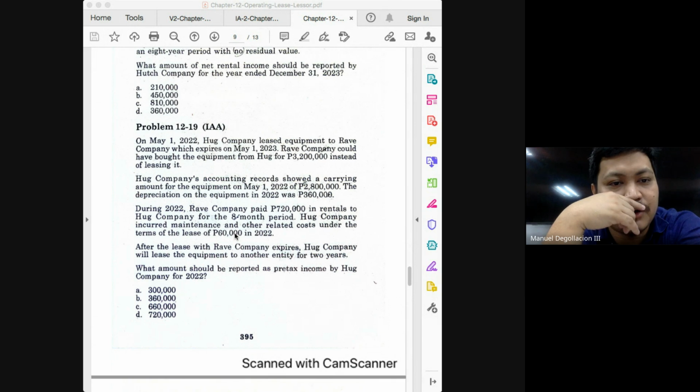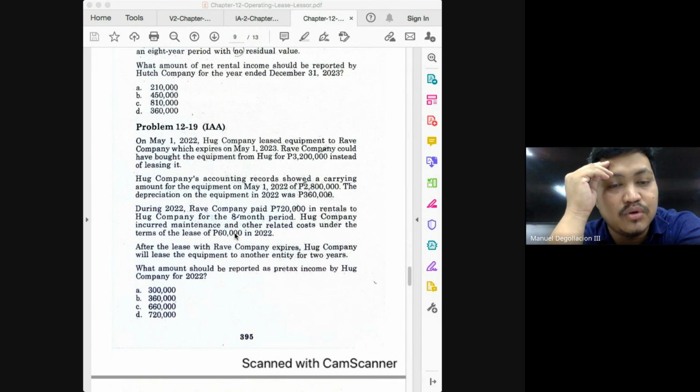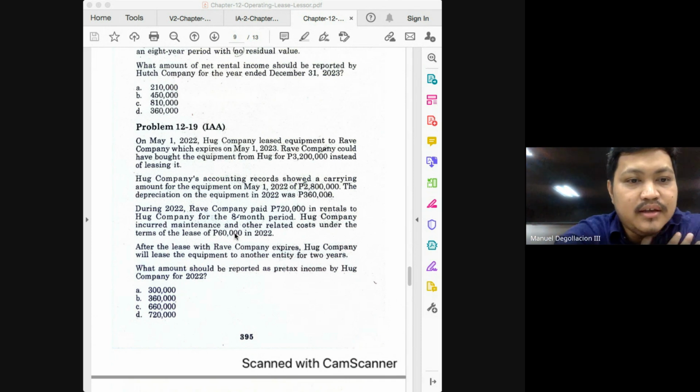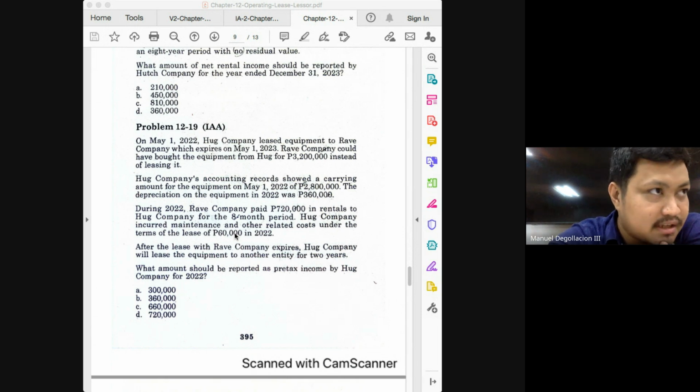Okay, start with our revenue. How much revenue are we going to be reporting for 2022 from this lease arrangement? It says here that it paid 720,000. Okay, and then maintenance costs, spread out or expense outright?